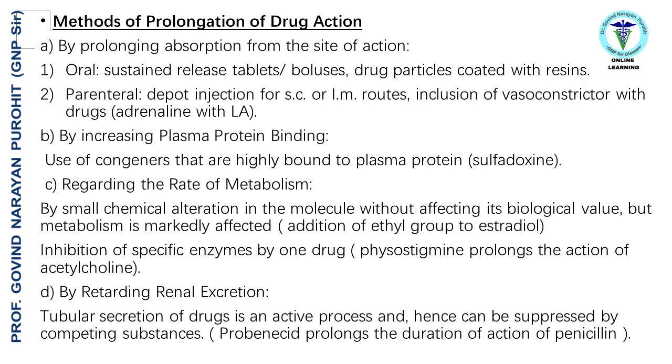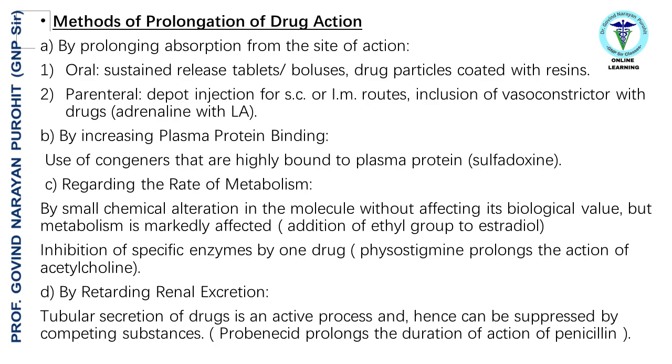Lastly, we talk about the methods of prolongation of drug action. A. This can be done by prolonging absorption from the site of action: oral, sustained release tablets, boluses, drug particles coated with resins; parenteral, depot injection for S.C. or I.M. routes, inclusion of vasoconstrictor with drugs, adrenaline with LA.